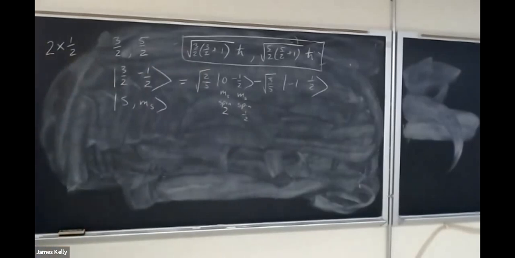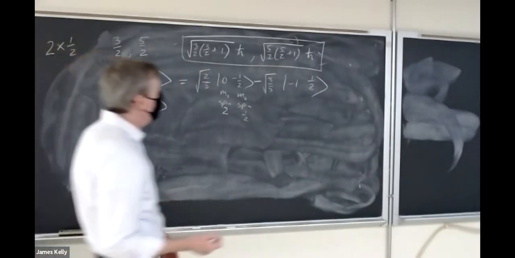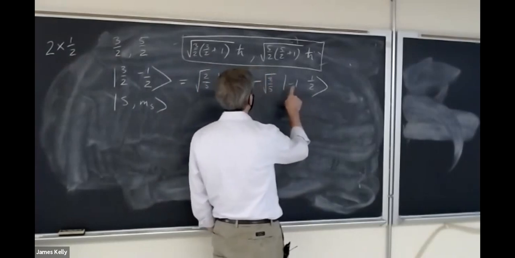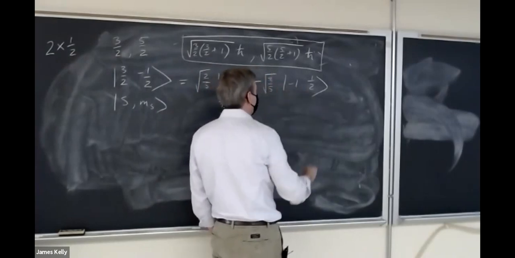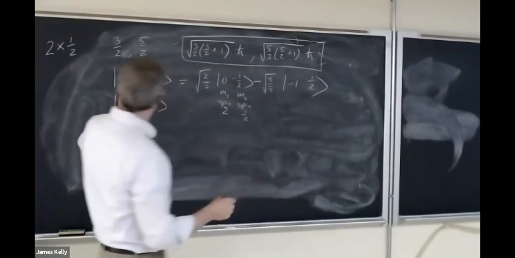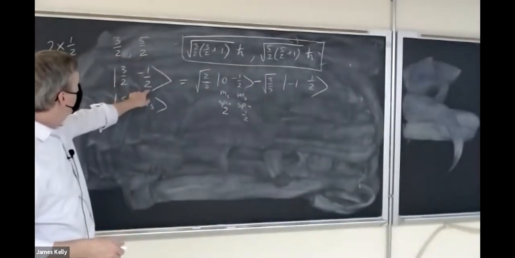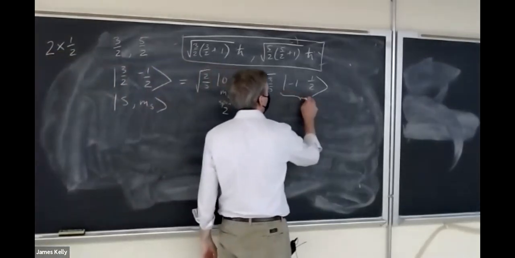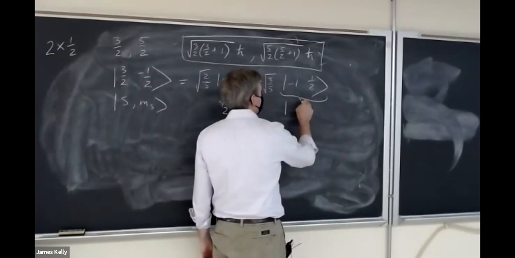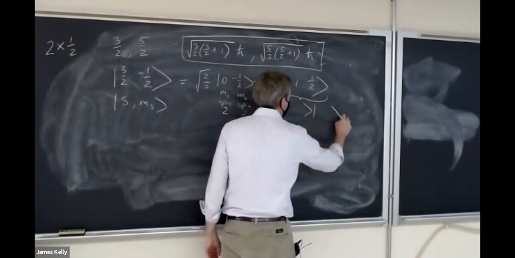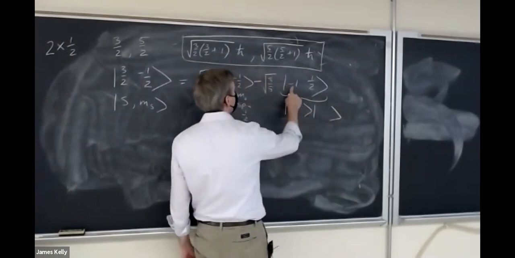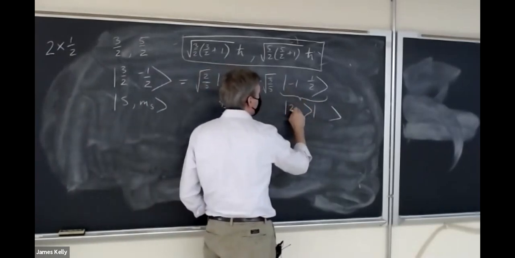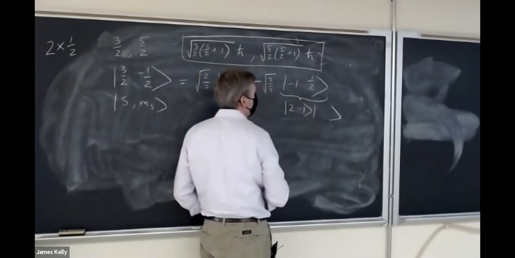There's just so much confusing notation. Notice I'm only giving the individual m sub s's here. A long time ago, just like we're doing over here, sometimes we give individual kets with s and m sub s. So sometimes people might write this state as a product of two individual kets. This one corresponds to the spin 2 state, so I put the s and then the corresponding m sub s there.